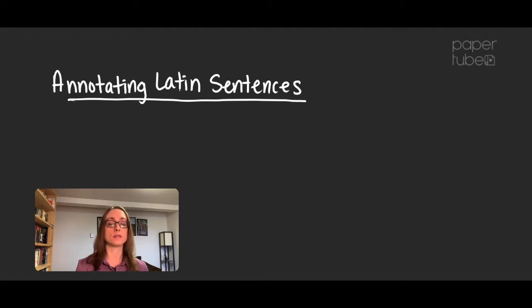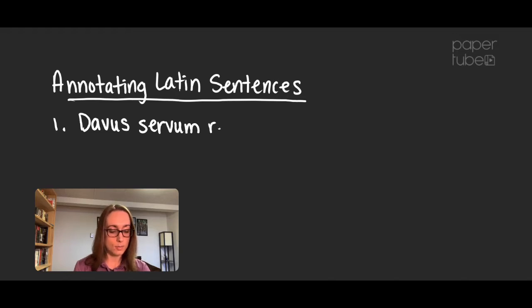It should become first nature to identify what the subject is in the sentence, if there's any direct object, the verb, because there always has to be a verb for there to be a complete sentence, and if there are any prepositional phrases, you should also identify those.